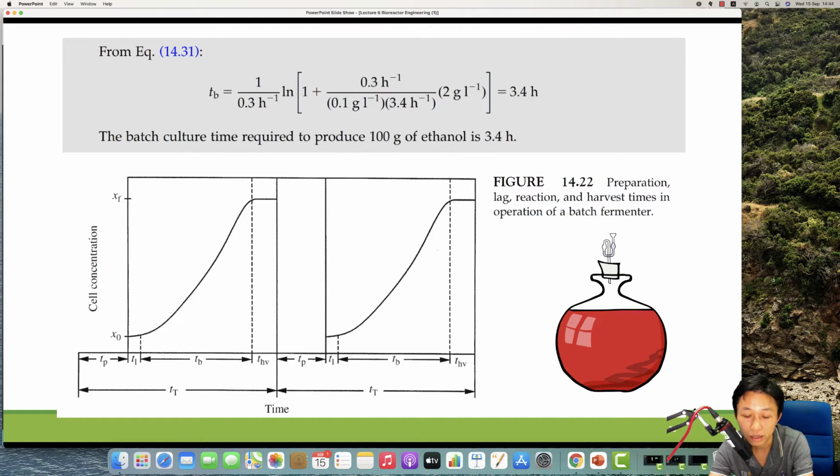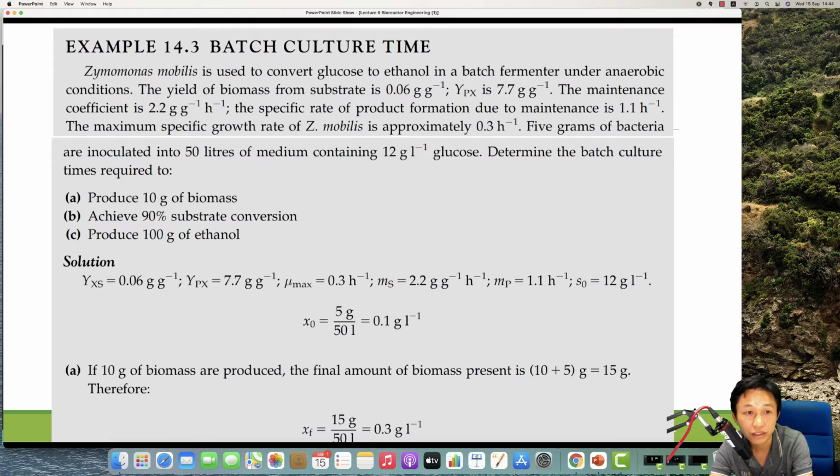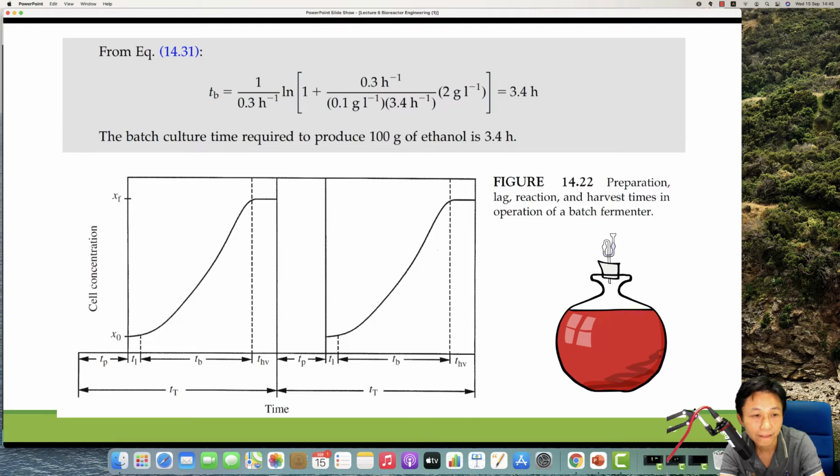So roughly, the idea is, if you want to produce some ethanol from glucose using this bacteria, this microorganism to convert, you have an idea of how much time you need to achieve what you want from your product. And then sometimes you have preparation and harvest time.